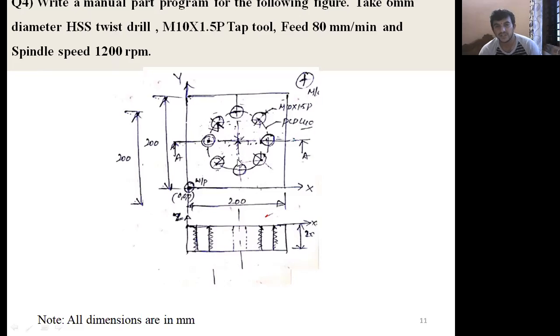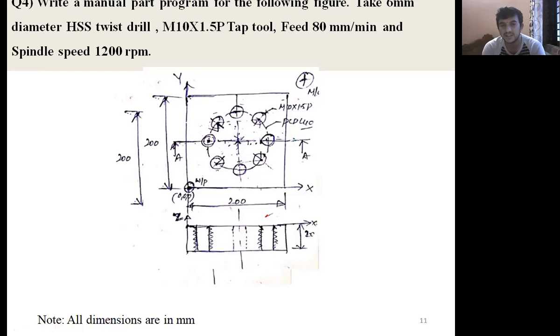Then on the 70 radius, see how many holes are there? 8 holes are there, right? What is the depth of the hole? The depth of tap is given here, 20. Depth of tap is 20.